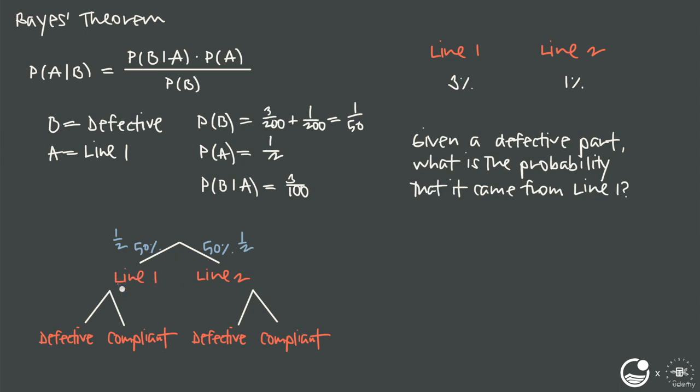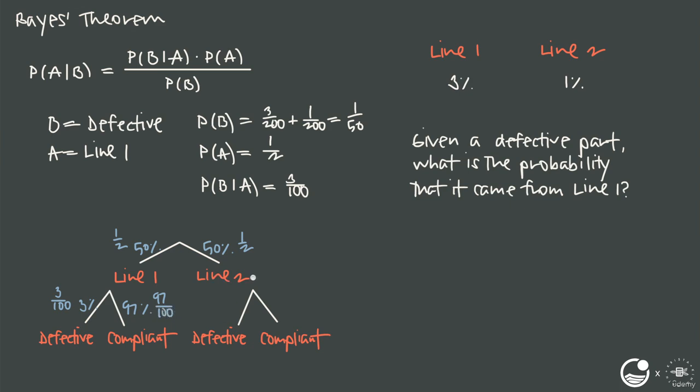And then from here, off of assembly line 1, we can get defective parts, or we can get what we'll call compliant parts or non-defective parts. Well, we know that line 1 produces defective parts at a 3% rate. So we could say that this is 3% or 3 in 100, which means compliant parts are produced at a 97% rate or 97 in 100.